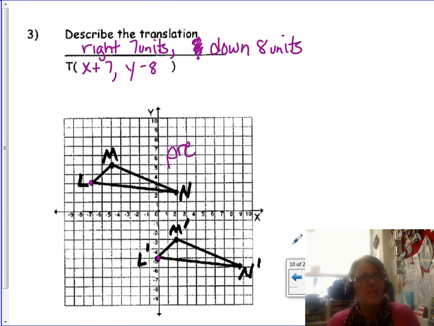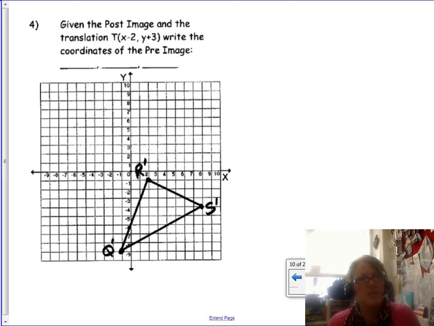Okay, now the last situation you're going to see would maybe look like this. Look at example number 4 on your notes sheet. This time, I'm giving you R prime, S prime, Q prime. That's where you ended after this translation. So whatever my original R was, I subtracted 2 to the X coordinate and I landed here.